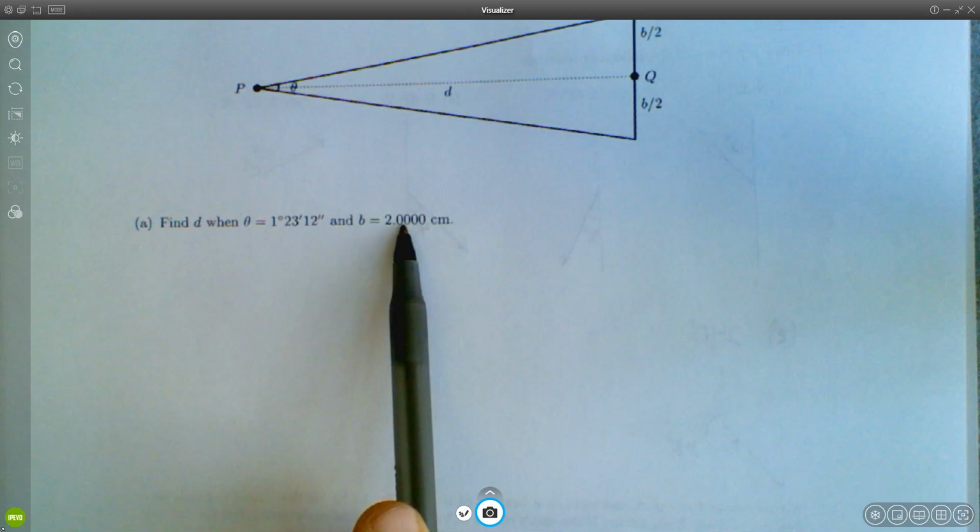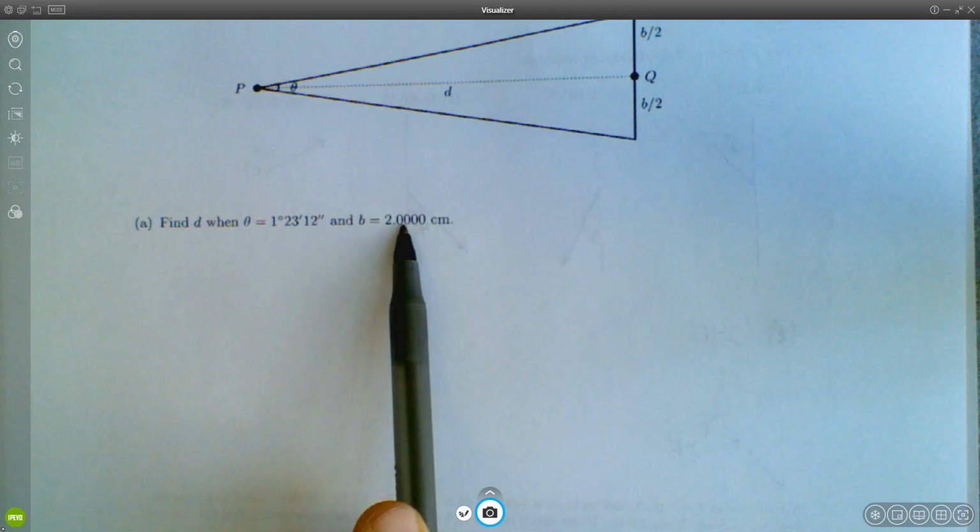How would we do that? Well, if we know that b is 2 centimeters, then b over 2 is 1 centimeter. And notice that this is a right triangle. Furthermore, this angle right here is theta divided by 2, because together that would give you theta.